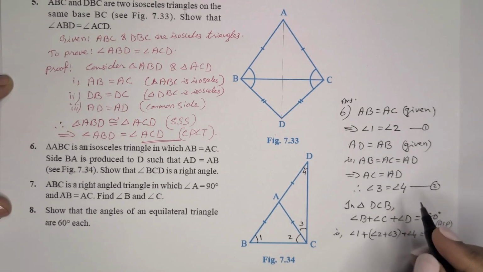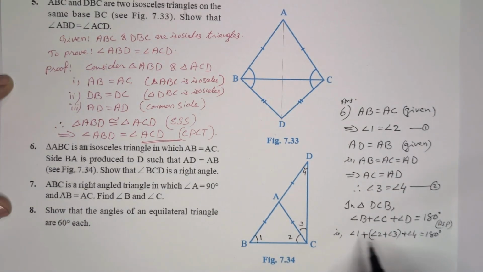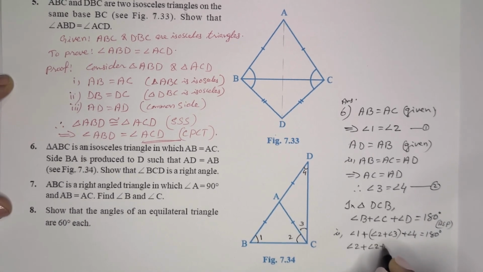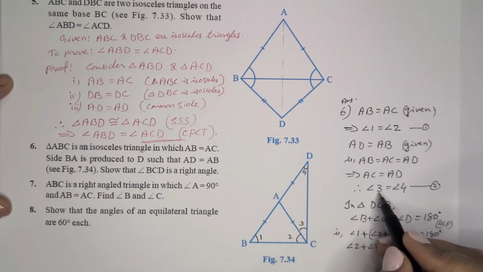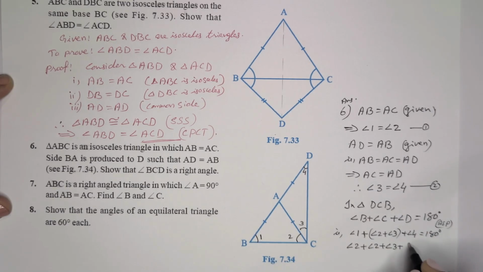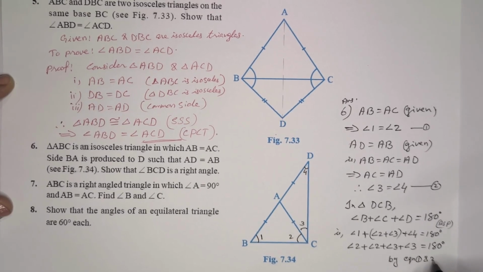Now we know angle 1 is equal to angle 2, so in place of angle 1 we write angle 2, and in place of angle 4 we write angle 3, by equations 1 and 2.